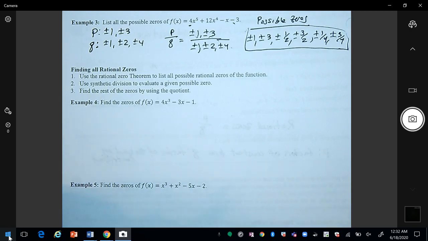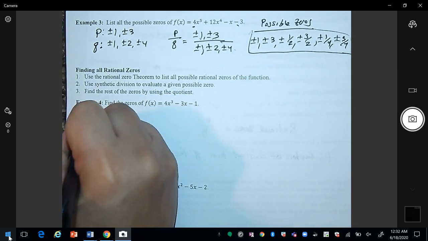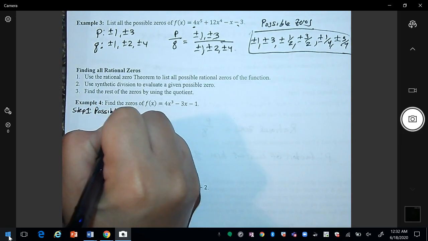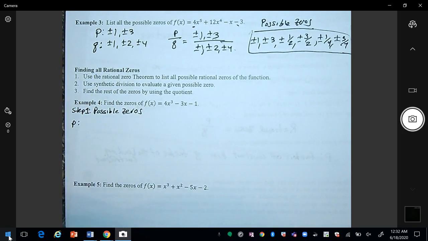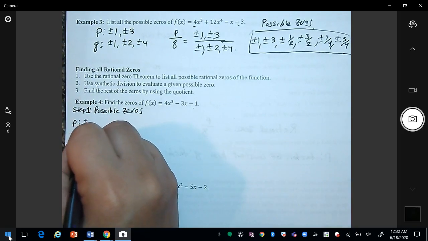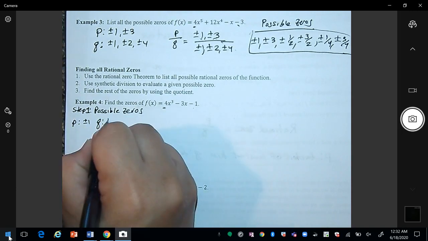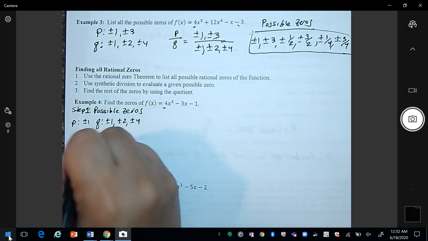So for example 4, step 1 is find the possible zeros. My factors of P are plus or minus 1, and my factors of Q, which is 4, are plus or minus 1, plus or minus 2, plus or minus 4.